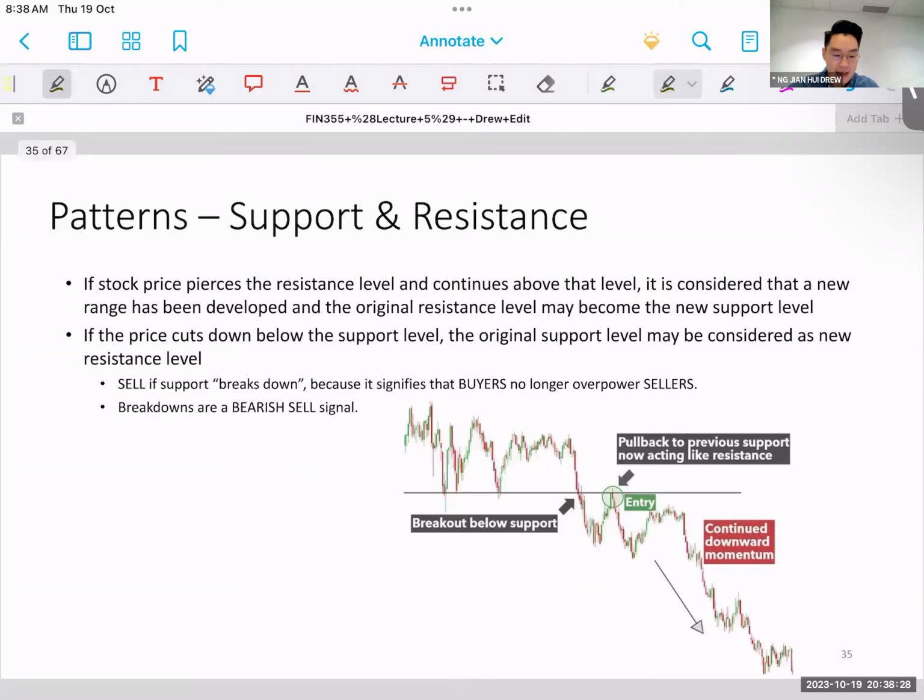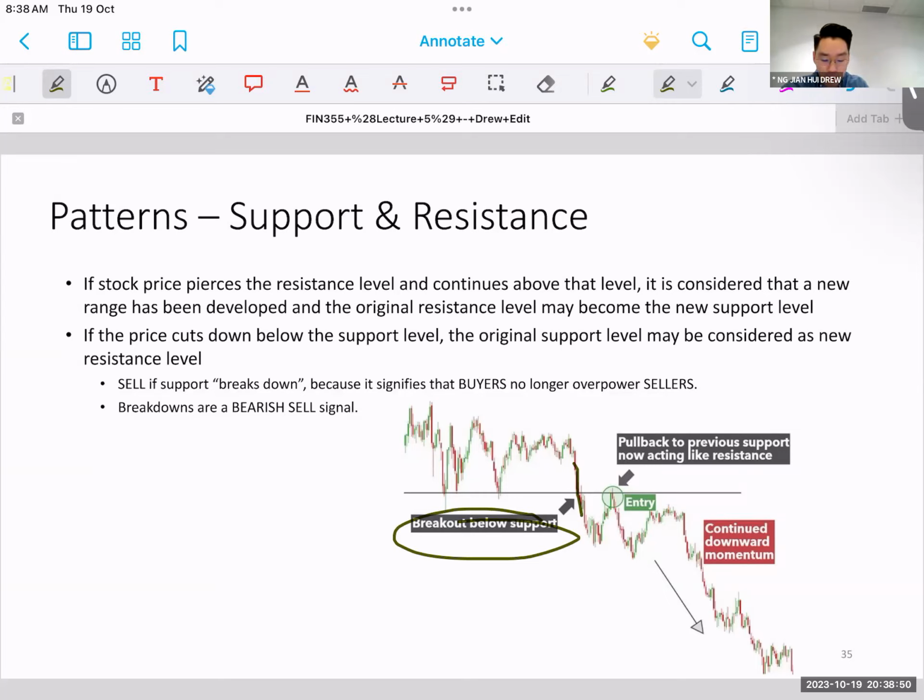So this is another example of support and resistance, and how we can use this pattern to forecast certain things. For example, what happens if a stock breaks below the support? If it cuts below the support, it means there might be a primary downward trend already, right?